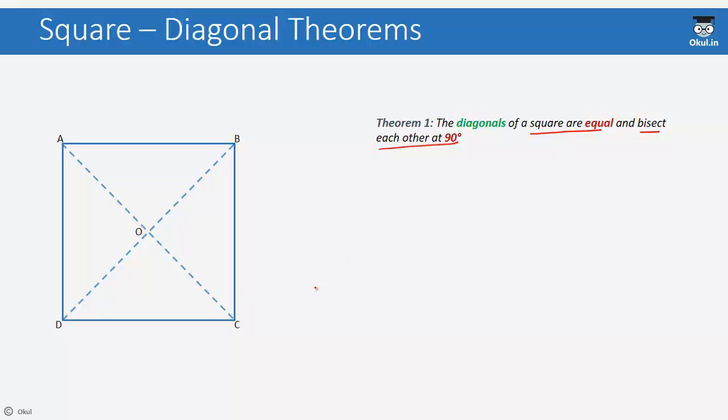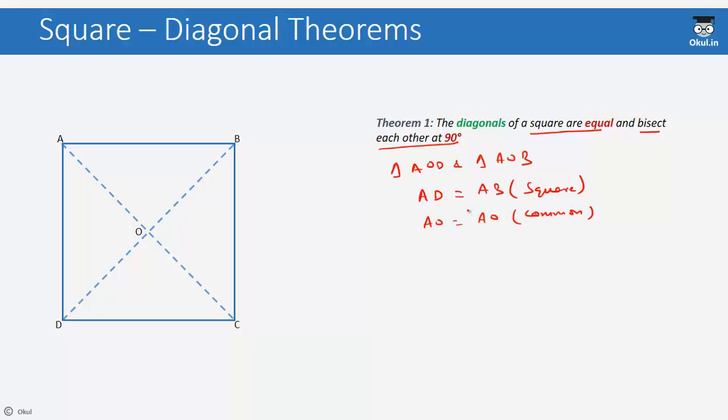Firstly, we'll take triangle AOD and triangle AOB. AD is equal to AB because in a square all sides are equal. AO is equal to AO, which is common. ABCD is a parallelogram whose diagonals bisect each other.